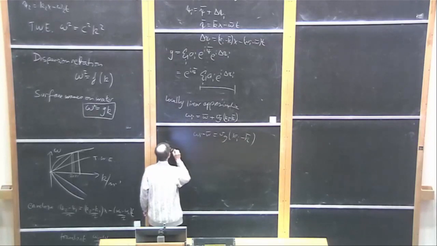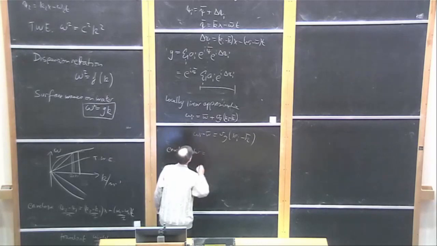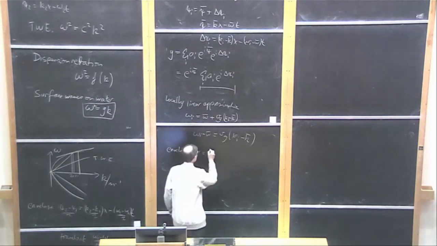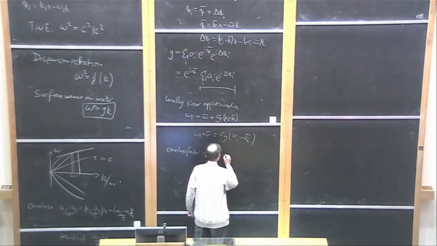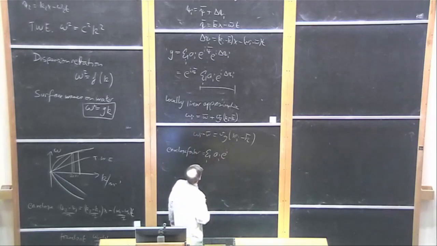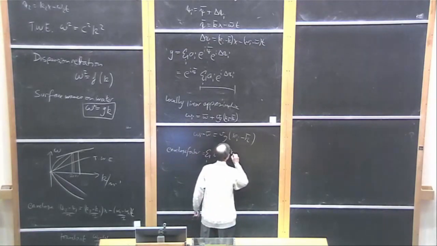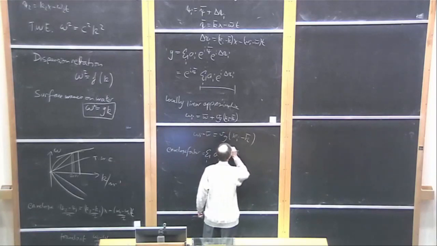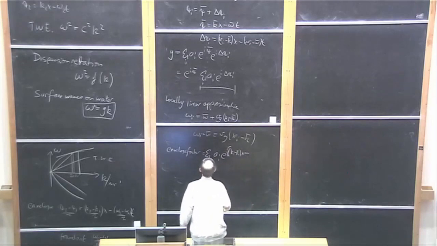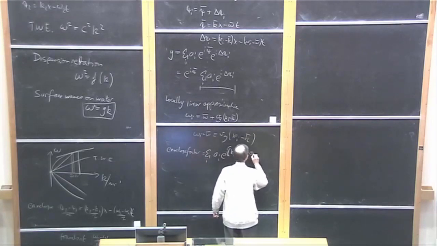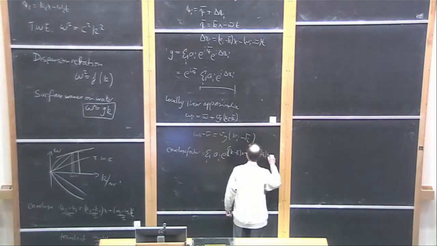So the envelope factor is the sum over i of ai, e to the i (ki minus k bar) x minus (omega i minus omega bar) t, which is Vg (ki minus k bar) t.